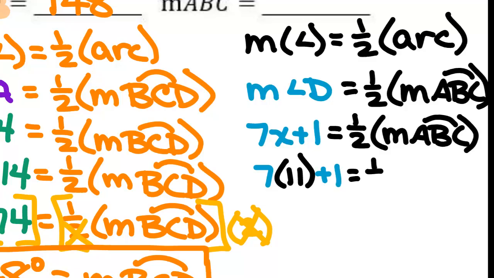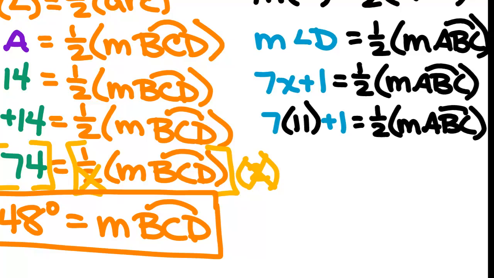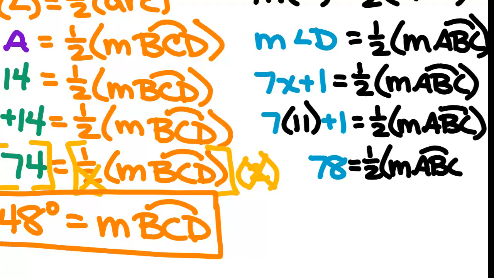What is 7 times 11? 77 plus 1? What is 77 plus 1? 78. So I have 78 equals 1/2 times the measurement of arc ABC.